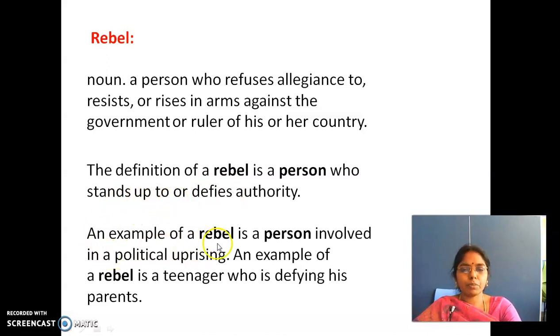An example of a rebel is a person involved in a political uprising. An example of a rebel is a teenager who is speaking against his parents, who is against the political parties. So now a rebel is a person who is against everything. Is it clear here? Rebel.